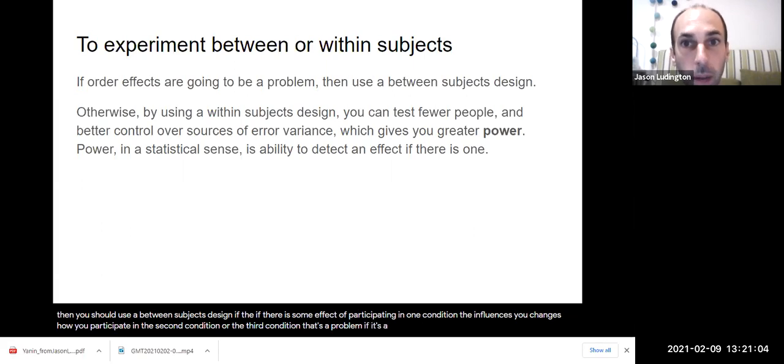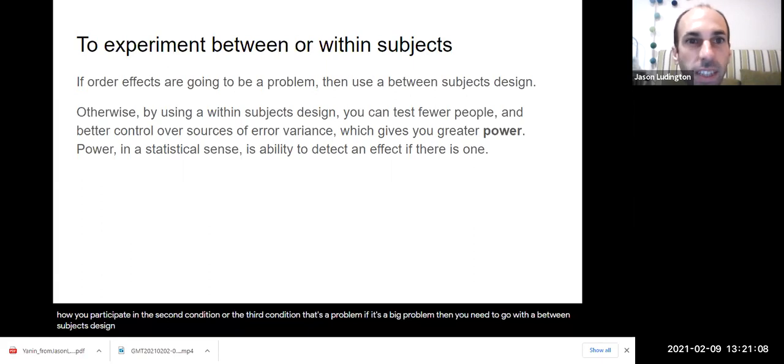If it's a big problem, then you need to go with a between subject design. If it's a small problem, you can counteract that problem by balancing that problematic order with other possible orders of participation. ABC, CBA, ACB, etc.